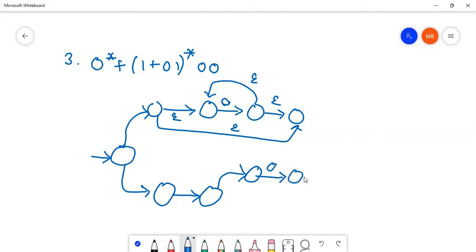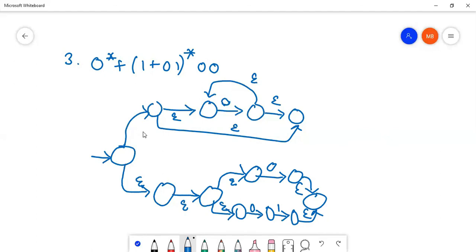0, 1. Hope you are able to see. This upper part is for 1, lower part is for 0 1.